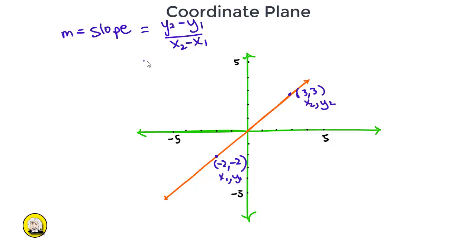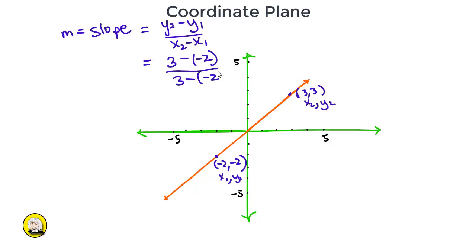The key is I want the change or difference between my two y coordinates divided by the difference between my x coordinates. Again, the rise versus the run. So what is that in this case? My y2 coordinate would be 3, and my y1 coordinate would be minus 2. So y2 minus y1 is 3 minus negative 2.